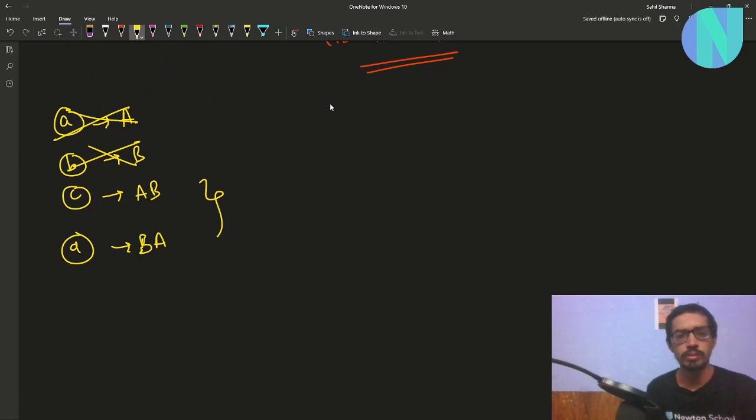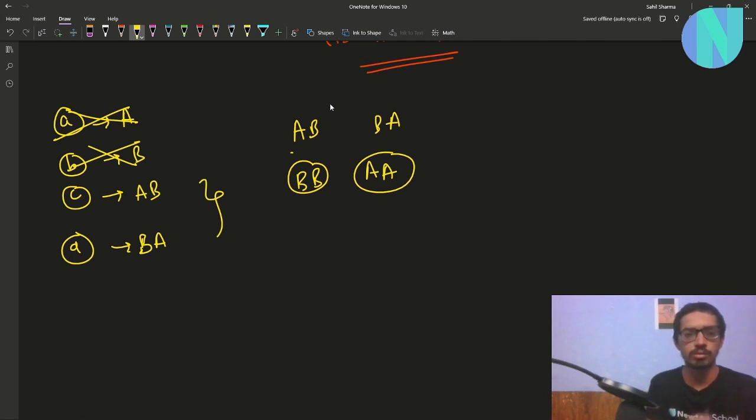Also, if you see, we have AB and BA, and neither of these strings has two consecutive same letters. We don't see BB here, we don't see AA here. So if we have been given our input string, we can break it on the basis of consecutive letters.